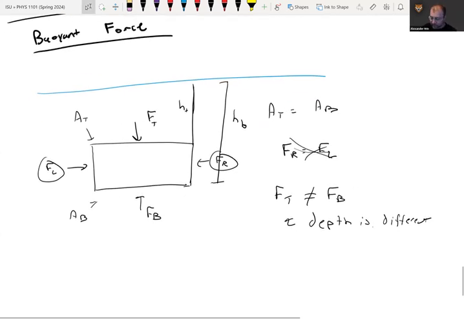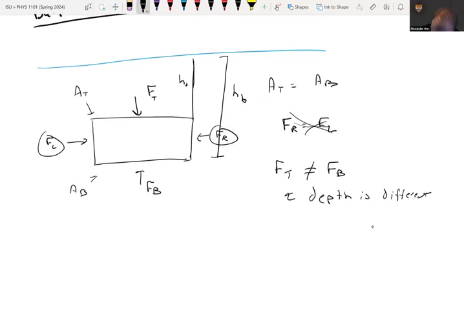So the pressure on the top is equal to rho of the fluid, it could be any fluid, times g times h of the top. And the pressure on the bottom is equal to rho of the fluid times g times h of the bottom.